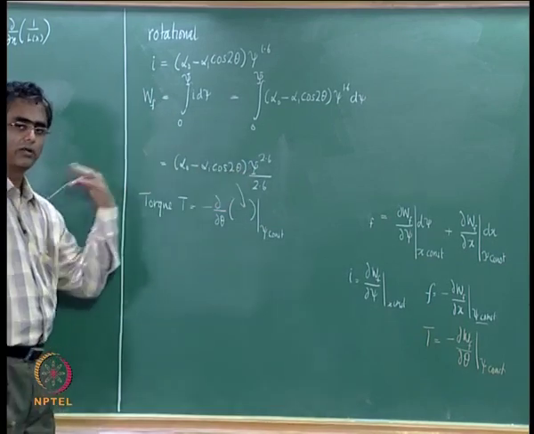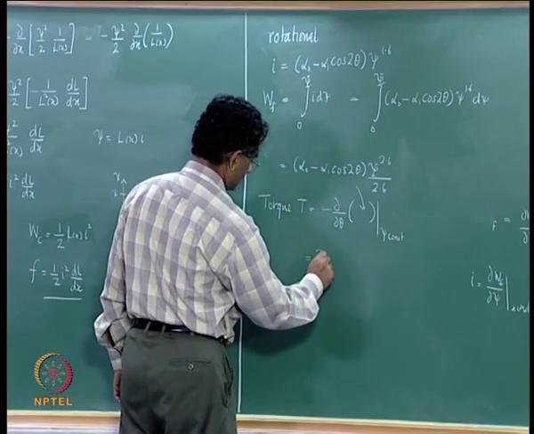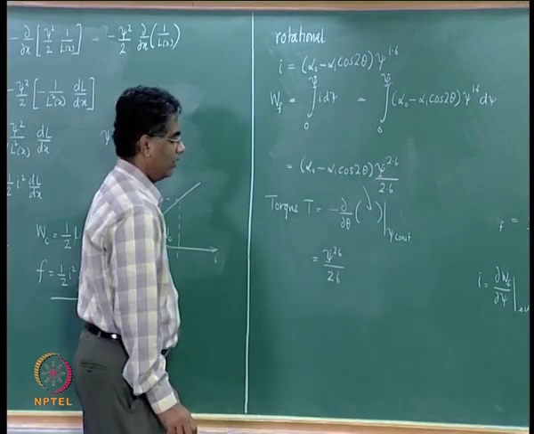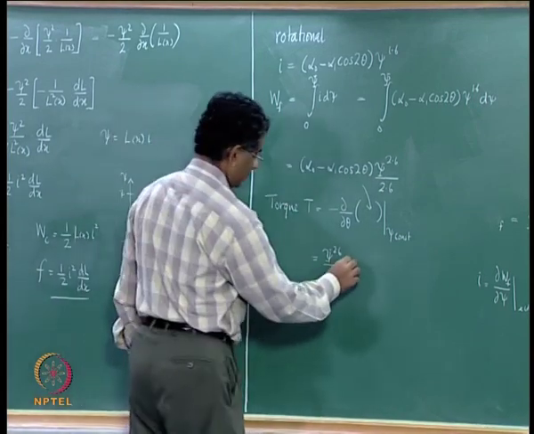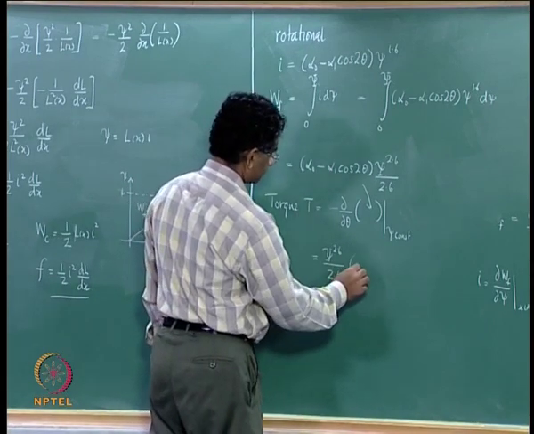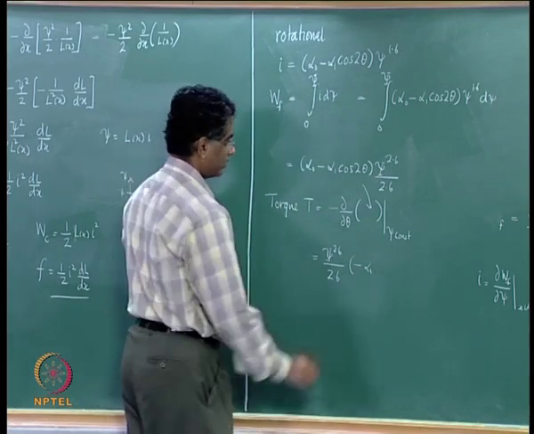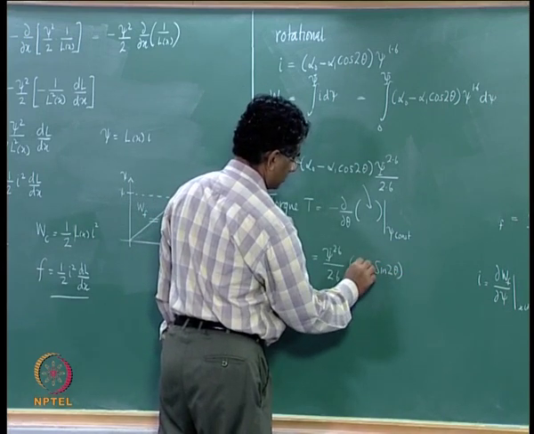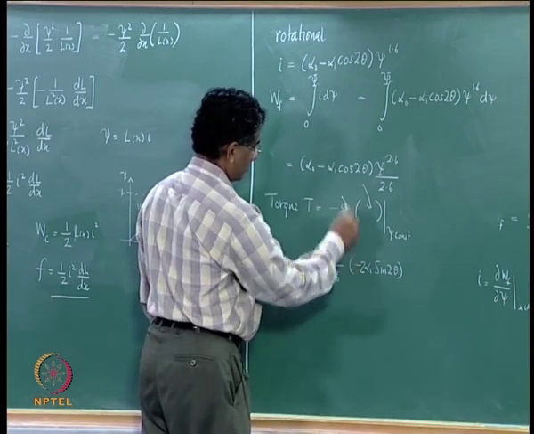So, psi is constant, it may be taken out of the derivative, and therefore this is nothing but psi to the power of 2.6 by 2.6 multiplied by the derivative of this term. The derivative of this term is minus of alpha 1, the derivative of cos is minus sin, 2 theta multiplied by 2, and cos derivative gives sin.